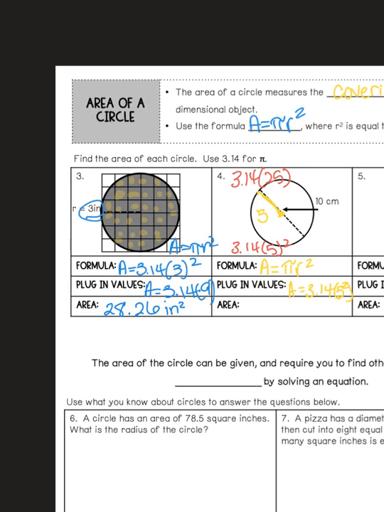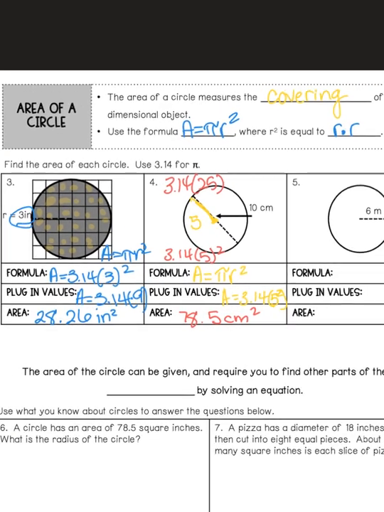Again, you have to make sure you don't push enter before you push the squared, because otherwise it's going to square the 3.14 times 5 instead of just the 5. So when I do that, I'm going to get that the area is equal to 78.5 square centimeters. That means there's 78.5 centimeter squares that would fit into that circle.